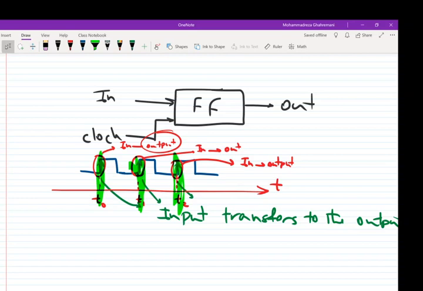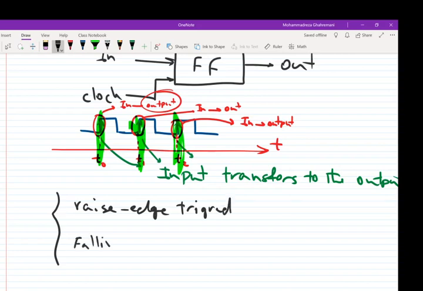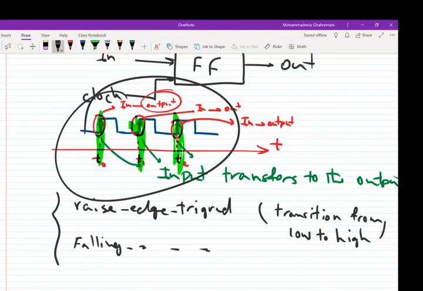As I said, we have two types of flip-flops. Some of them are rising edge triggered, and some of them are falling edge triggered. Rising edge triggered means a transition from low to high, as I showed in this example.